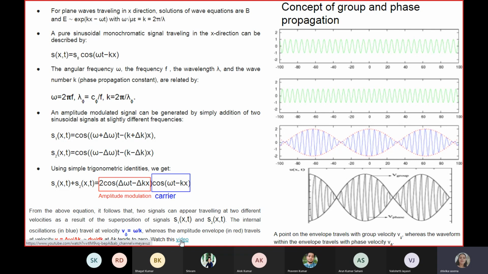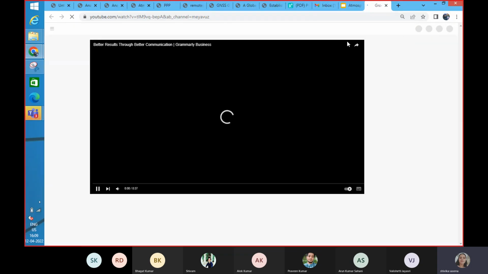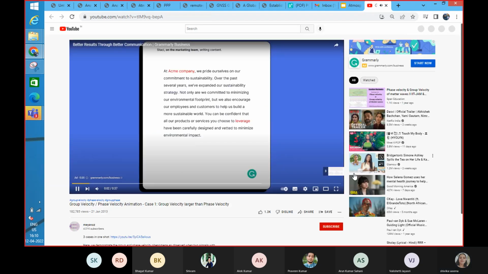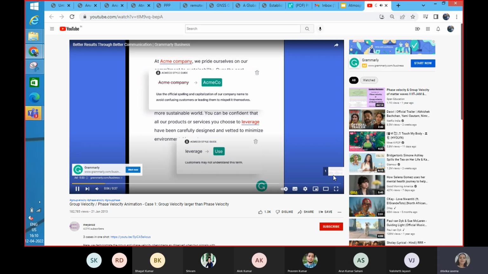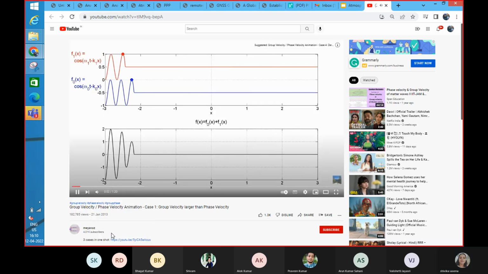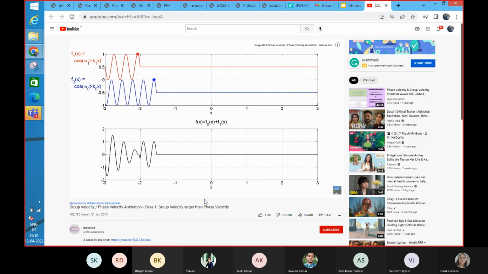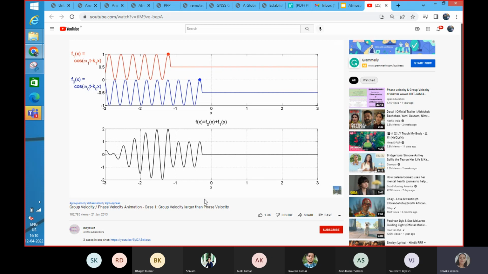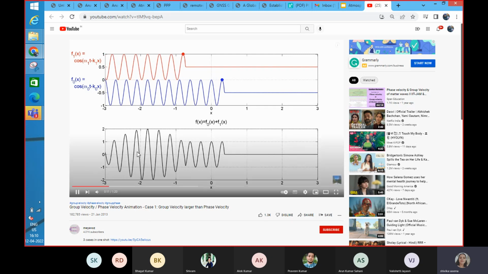Before going to the next slide, I want to show you a video to make this clear, how group and phase propagation are different from each other. So you see this beat is happening.